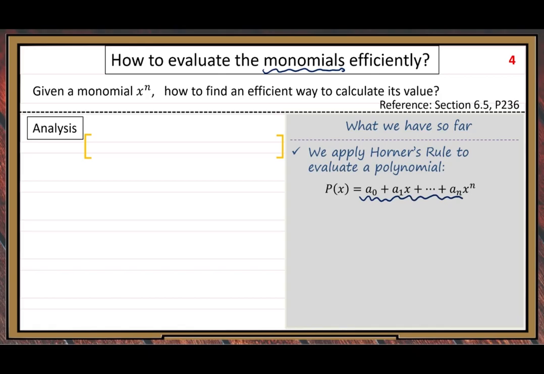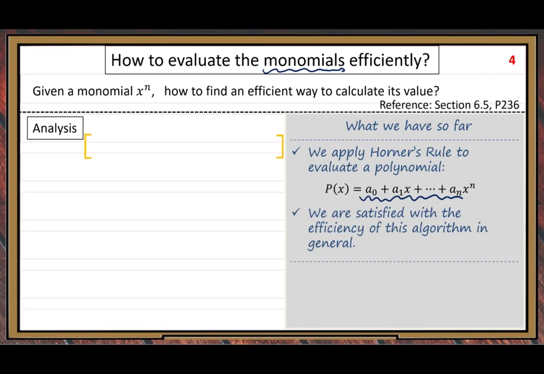The coefficients are arbitrarily given, with no special conditions. Then in this situation, the result is this. So we are satisfied with the efficiency of this algorithm in the general case. The best we can do.